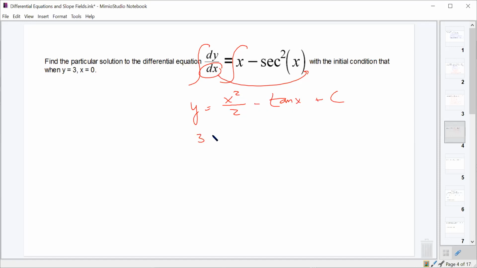And when y is 3, x is 0. So 0 squared over 2 is 0. Tangent of 0 is 0. So our constant is just 3. And this seems nice and straightforward. Y equals x squared over 2 minus tangent x plus 3. Everybody feel good about that?